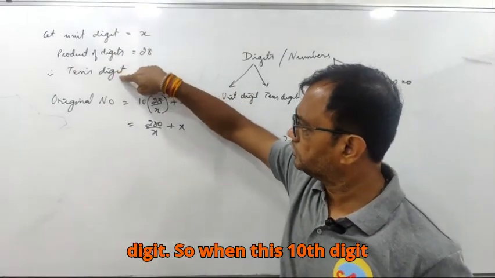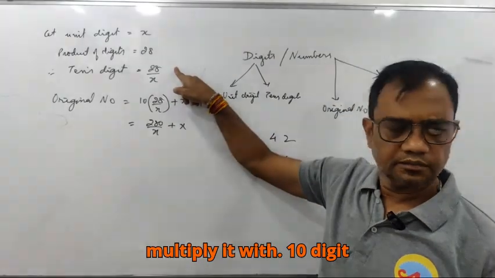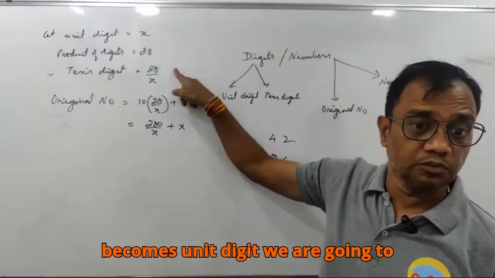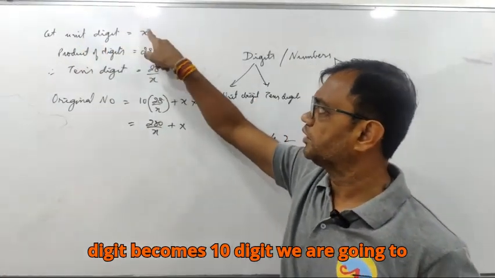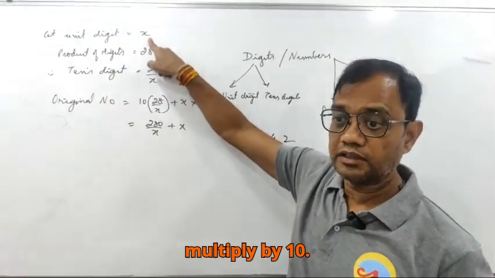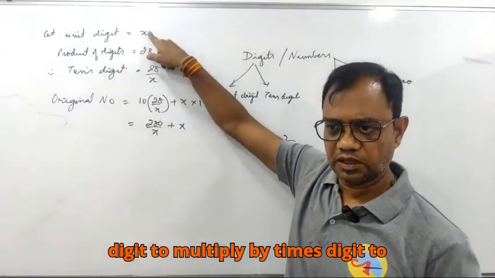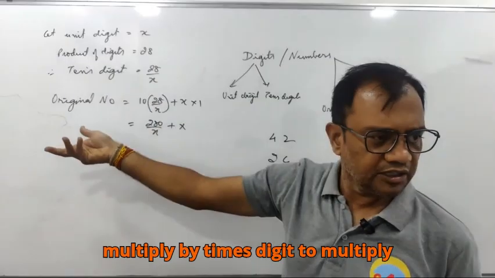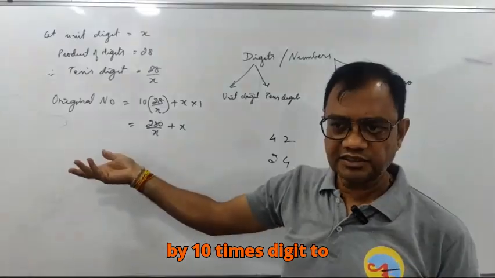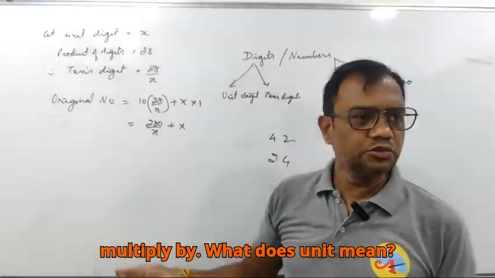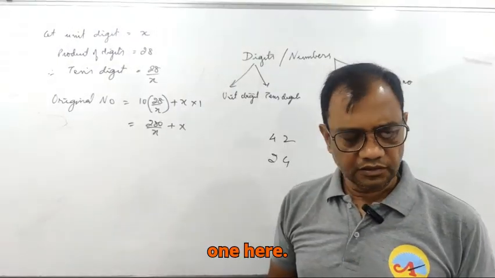So when the tens digit becomes the unit digit, you multiply by 1, and when the unit digit becomes the tens digit, you multiply by 10. The tens digit you multiply by 10, and the unit digit you multiply by 1.